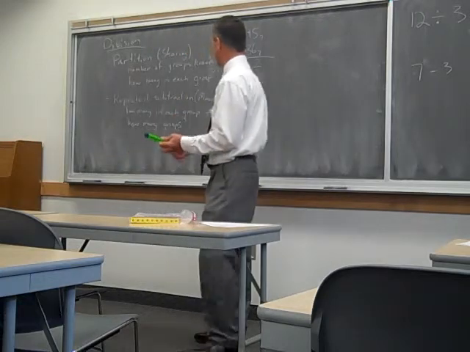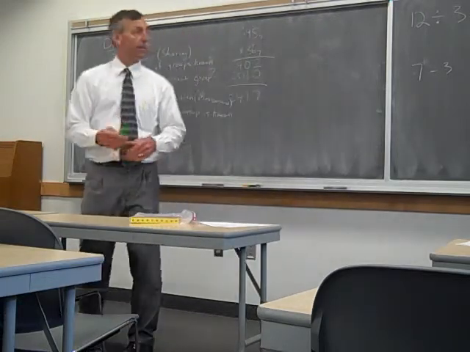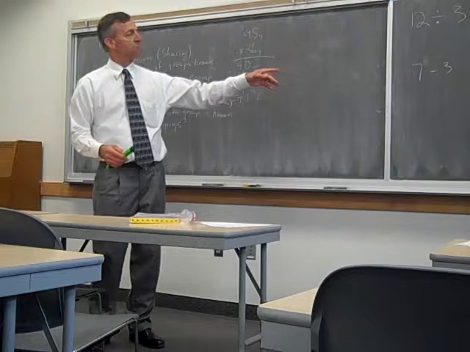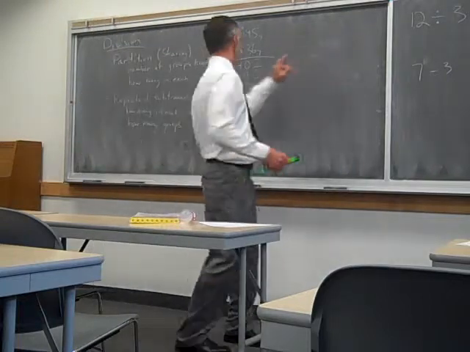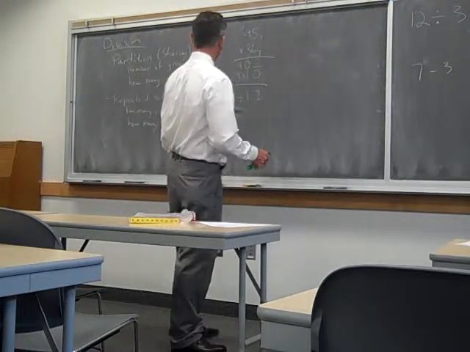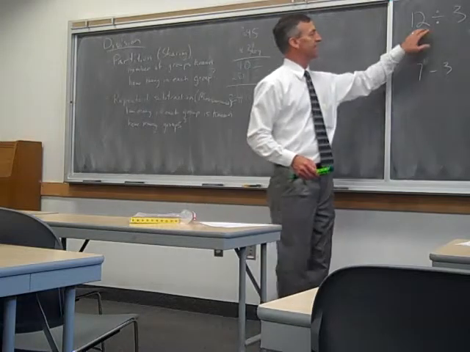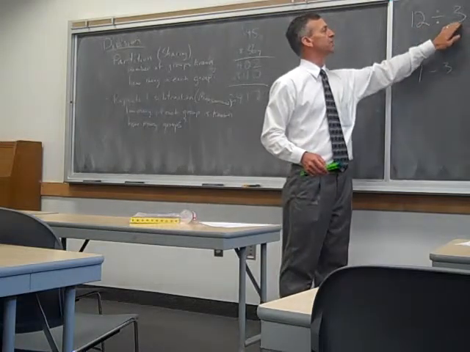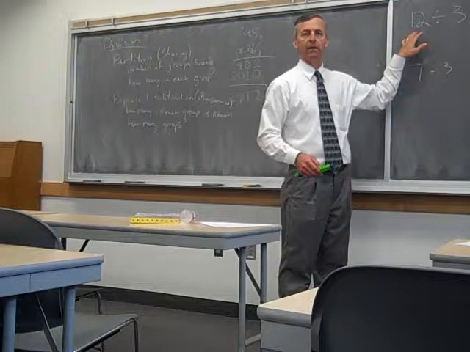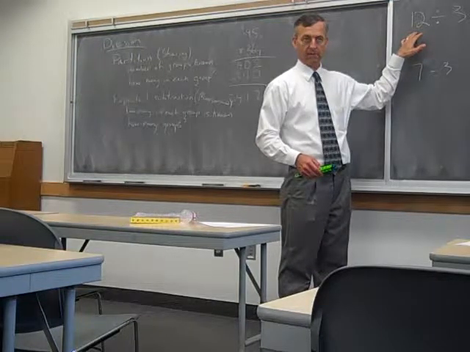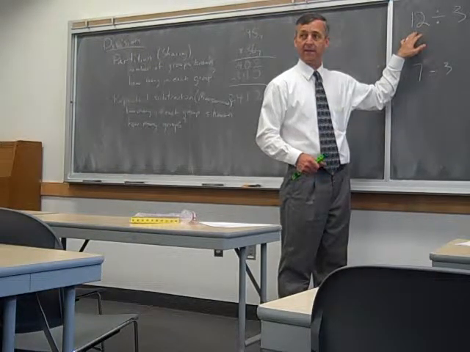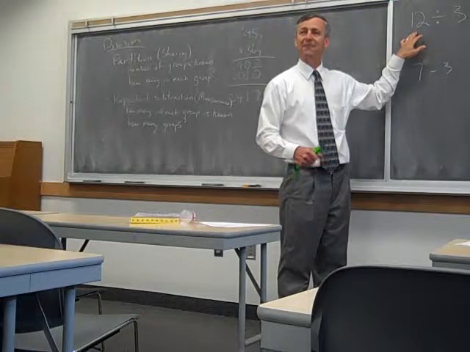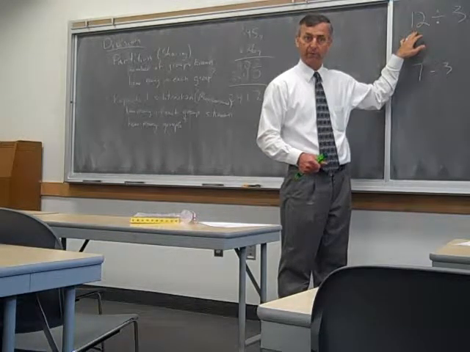With the repeated subtraction, I know how many in each group. This is saying how many groups of 3 are there in 12. That's a different question than how many does each person get if there are 3 groups.